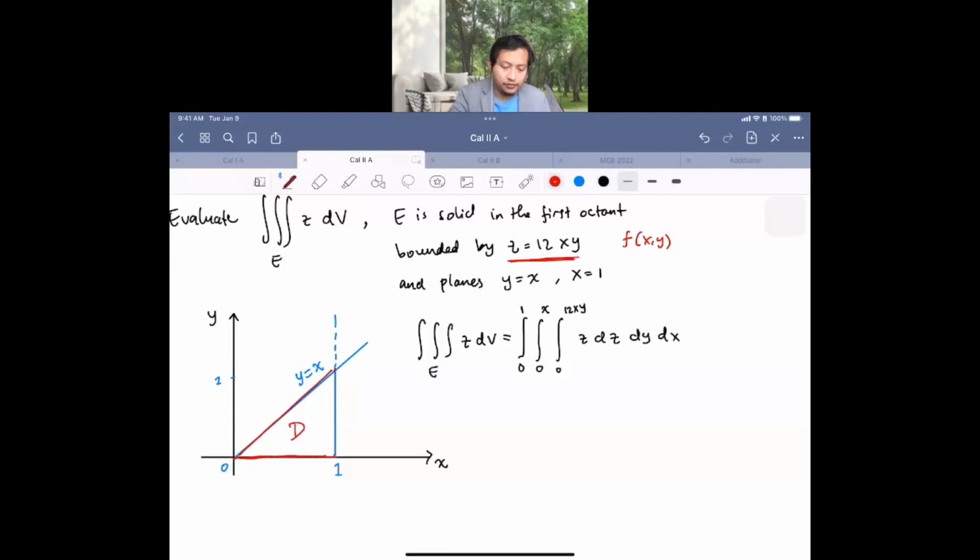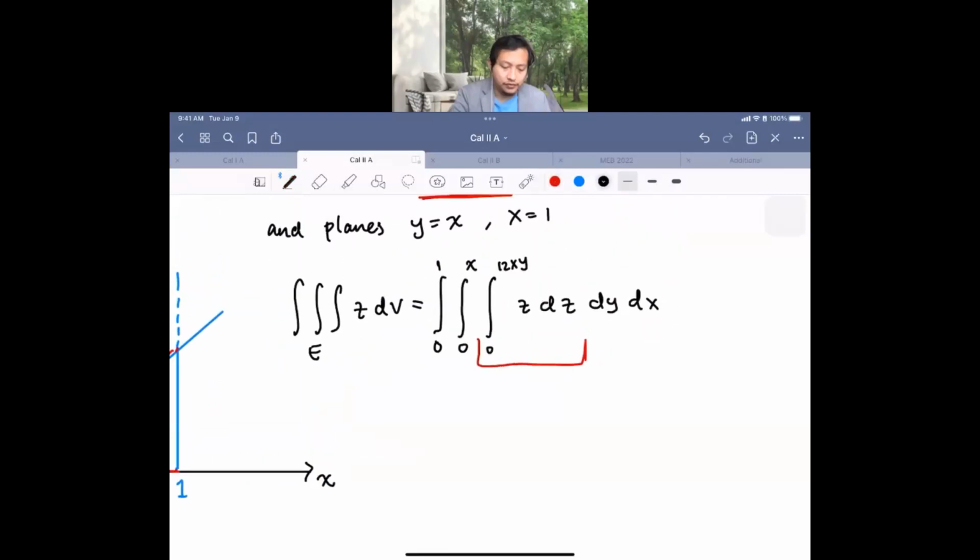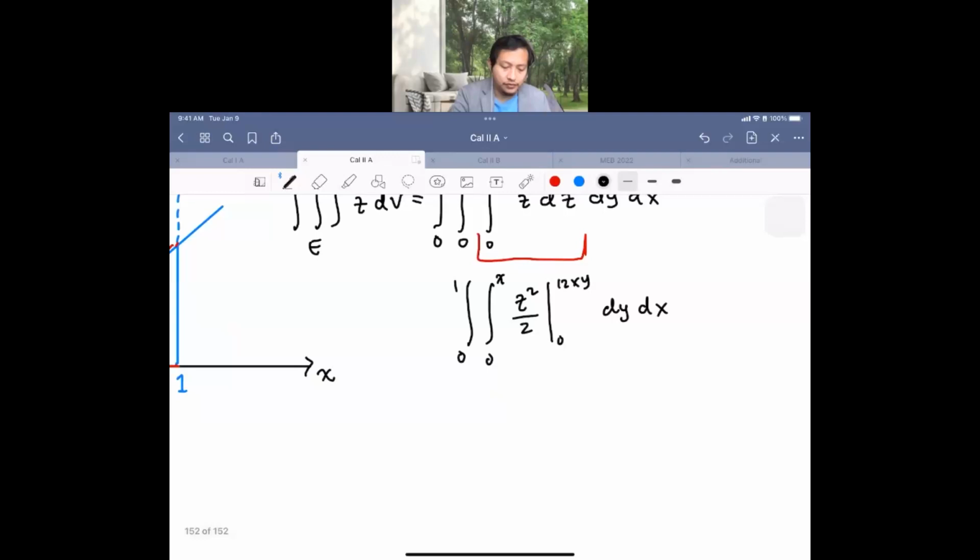Okay, we start from the inside integral. This will become z squared over 2, and we can input the 12xy inside. Now it could be 12 squared, 144, divided by 2 is 72. Let me write 72 outside.